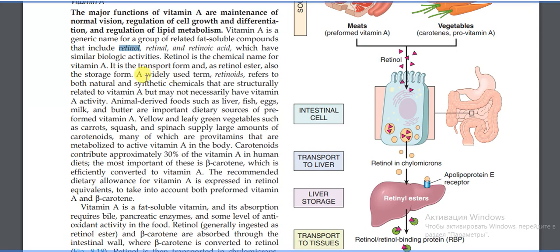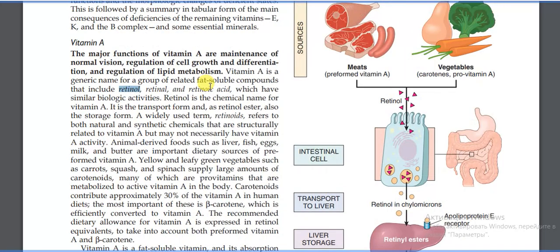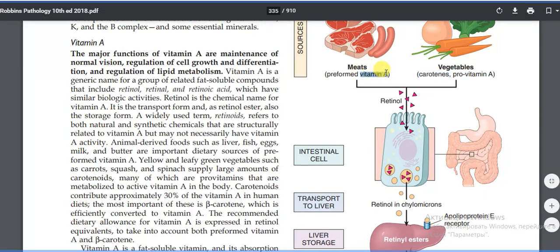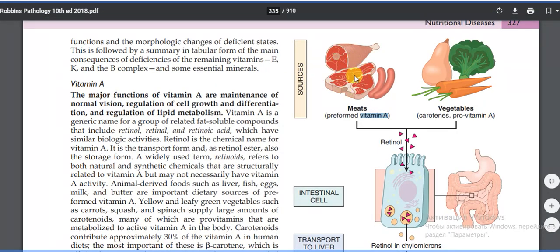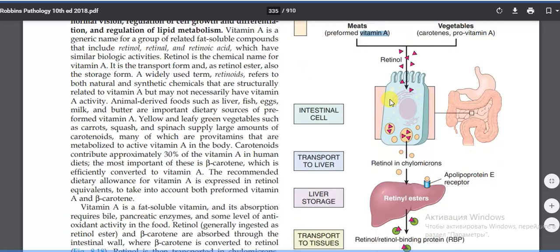Naturally we take in vitamin A from provitamin A, like carotenes from vegetables, and we can also take vitamin A from food like meat, and it is absorbed by our intestine.